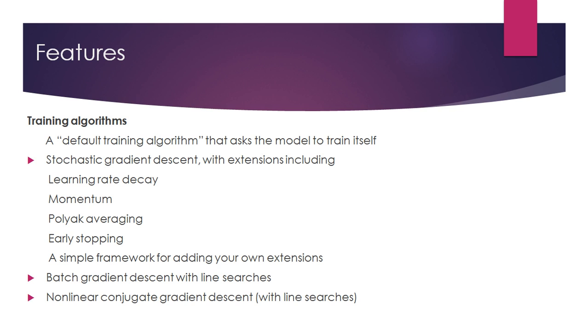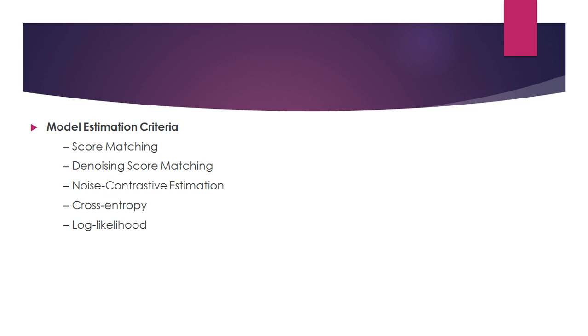They test gradient descent with extensions, including learning rate decay, momentum, Polyak averaging, and early stopping, where we fix the stopping criteria and decide about stopping early or later. There is also a simple framework for adding your own extensions to the training algorithms, and batch gradient descent with line searches and non-linear conjugate gradient descent with line searches. So these are the types of training algorithms used in the Pylearn2 tool.